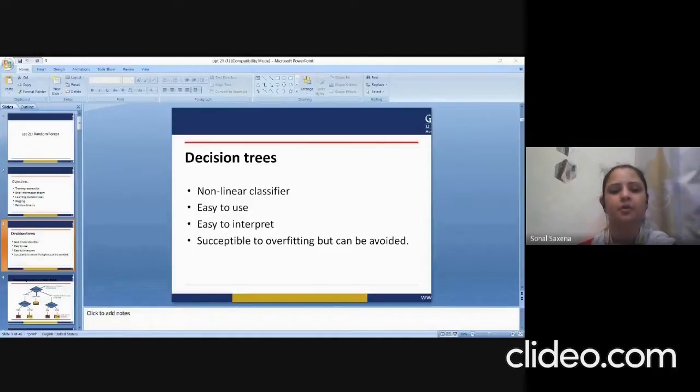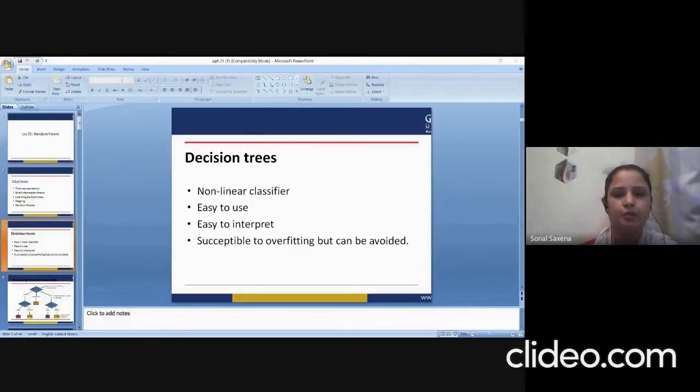Now, when we talk about random forest, it is a flexible and easy to use machine learning algorithm that produces, even without hyperparameter tuning, great results most of the time. It is also one of the most used algorithms because of its simplicity and diversity.